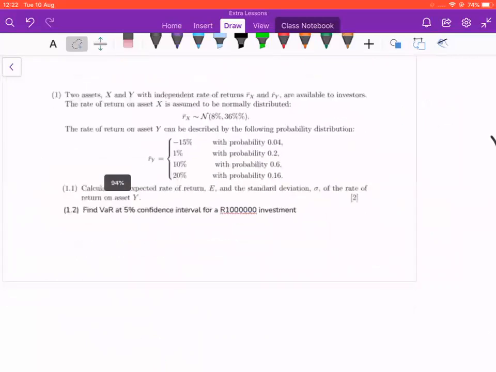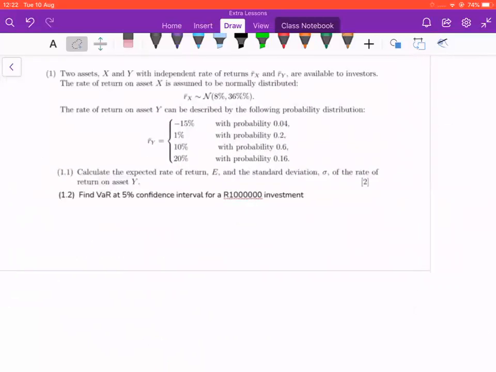So anyway, for y, we know that the returns can be negative 15, 1, 10, and 20, right? And then they have those probabilities. So we will have to find the expectation and the standard deviation before we can find.